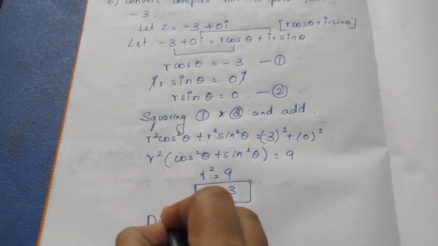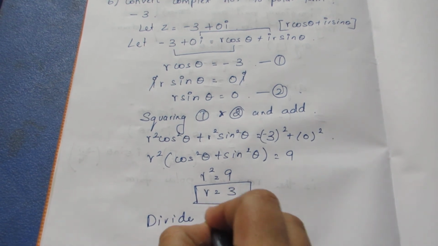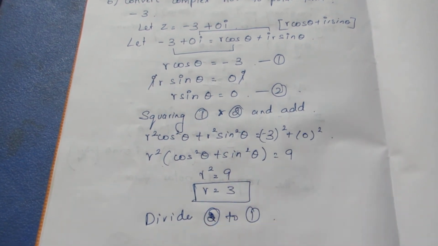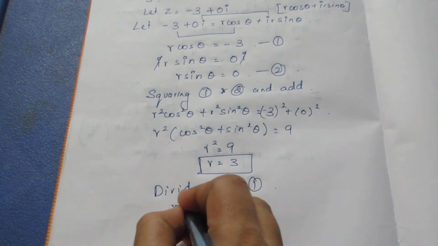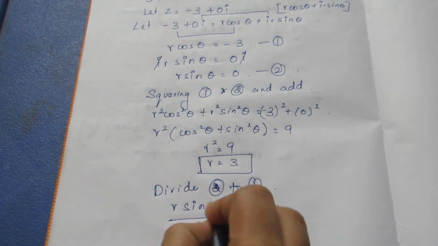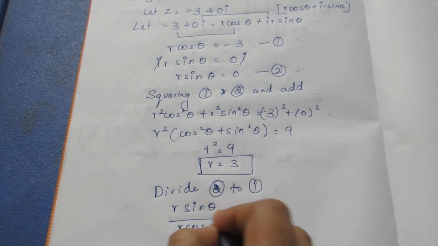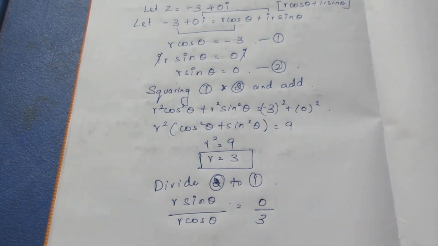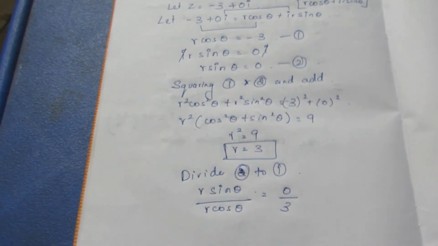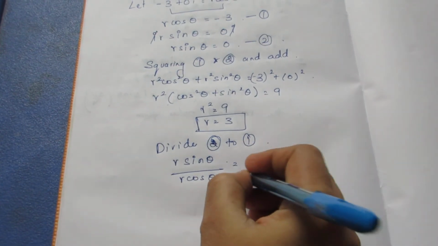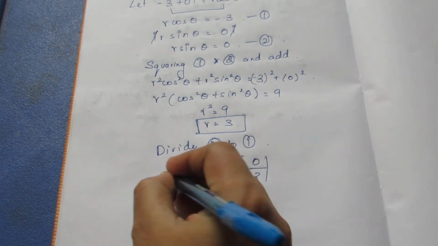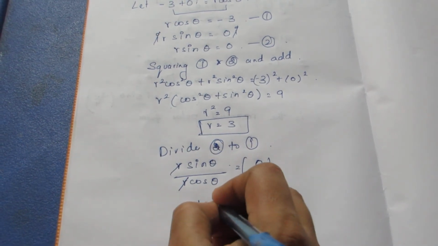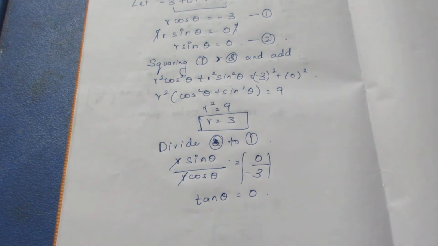So divide the second equation by the first one. Now this becomes r sin theta, the second equation, by the first equation r cos theta. Here 0 by 3, now 0 by -3 in modulus.